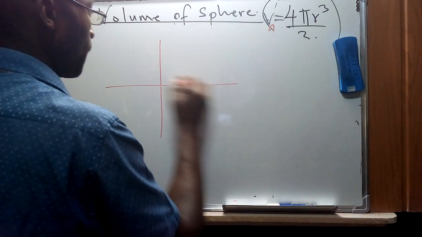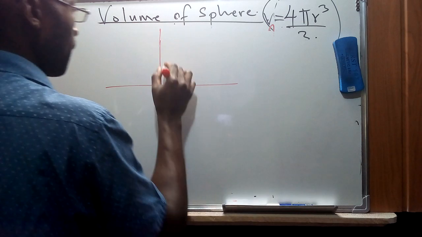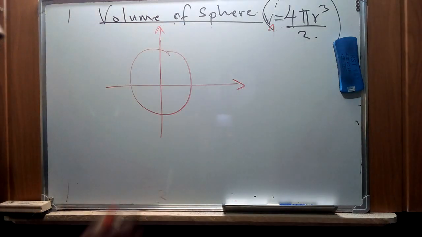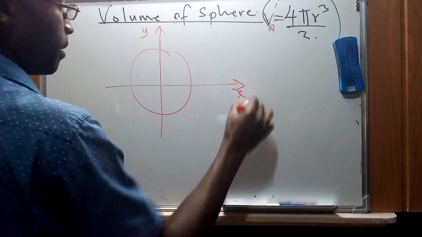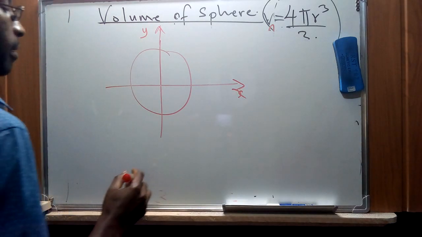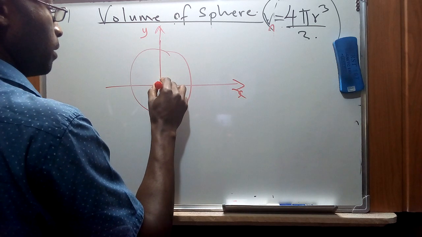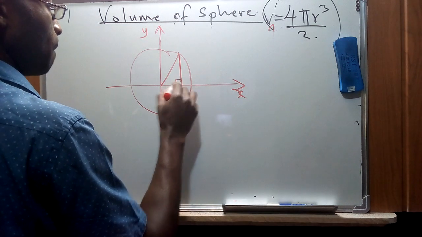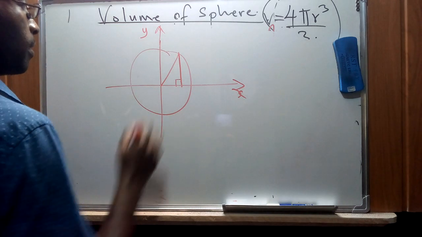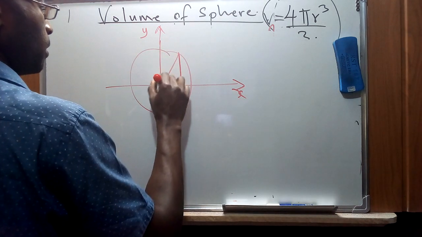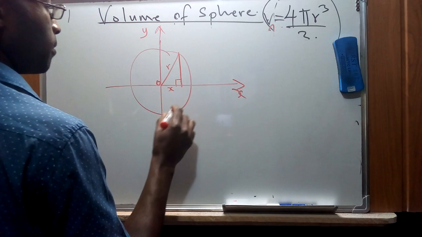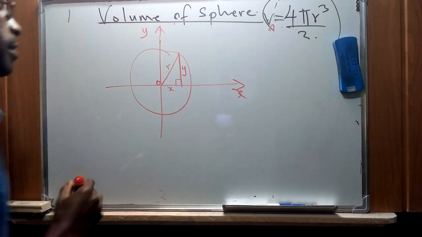So we have a circle of that nature in the y-x direction. That's a two-dimensional surface or plane. So we have that particular representation for a circle of radius r. So this is the origin, the radius r, and this is the distance for x and y respectively.